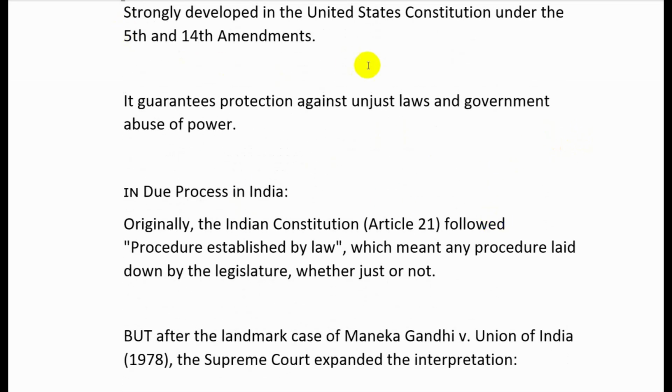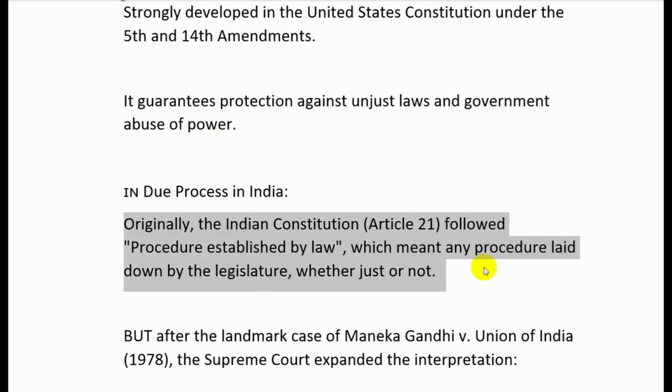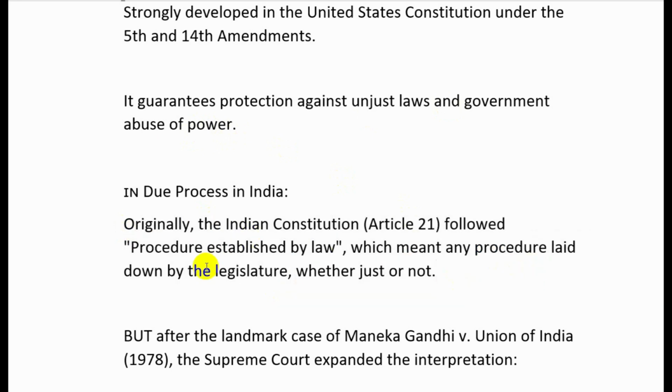So this process was developed in the United States. It guarantees protection against unjust laws and government's abuse of power. So the government just cannot impound the passport as it feels. It has to follow certain procedures or due process of law. So originally, this is important, originally the Indian Constitution Article 21 followed procedure established by law, which meant any procedure laid down by the legislature, whether just, proper, fair or not.